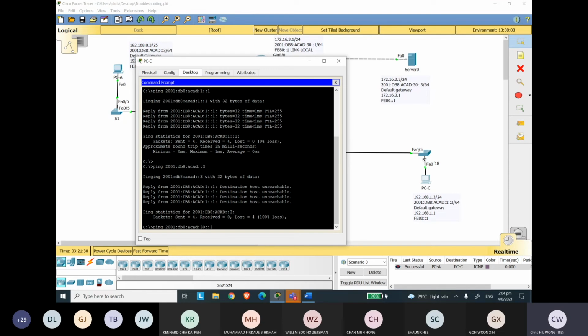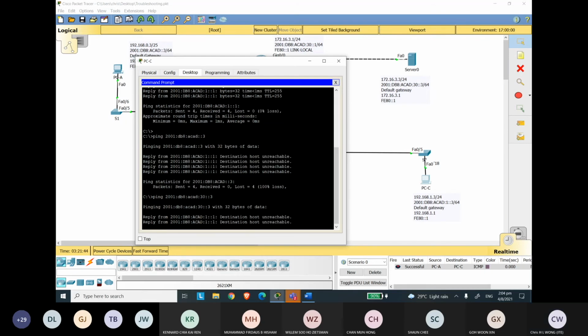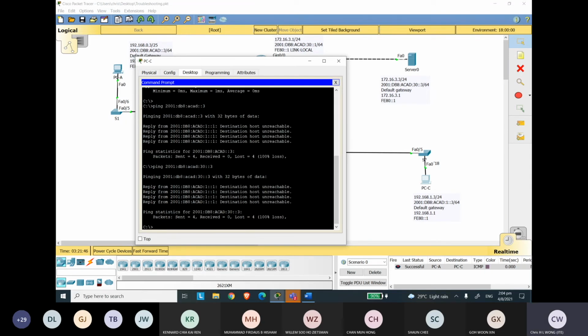Can you do that? 30:3. Can or not? Can you check for me, please? Can or cannot? Same thing. Okay, then put no. Everybody same thing, right? So you put no also for F. Ping from PCC to the web server also no.